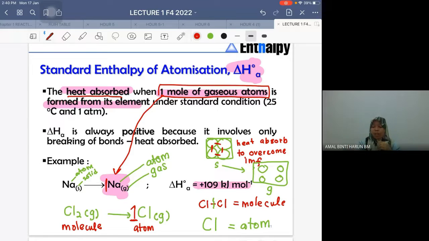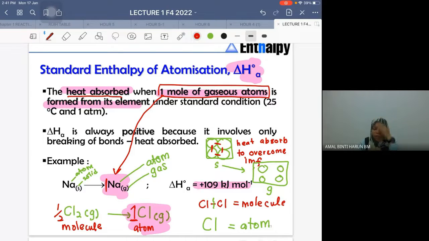Ni bukan saya nak downgrade you macam, oh kami tahulah ni molekul ni atom. Tak. Saya nak emphasize, sebab nanti selalu je berlaku kesalahan yang ni kan. Okay. So this one is the 1 mole of gaseous atom chlorine form kat sebelah kanan. So it's formed from chlorine gas molecule. So nak balancekan, kita letak setengah dekat sini.